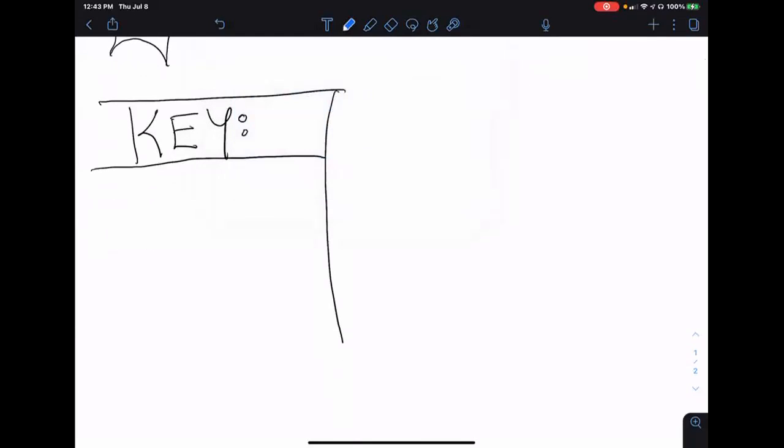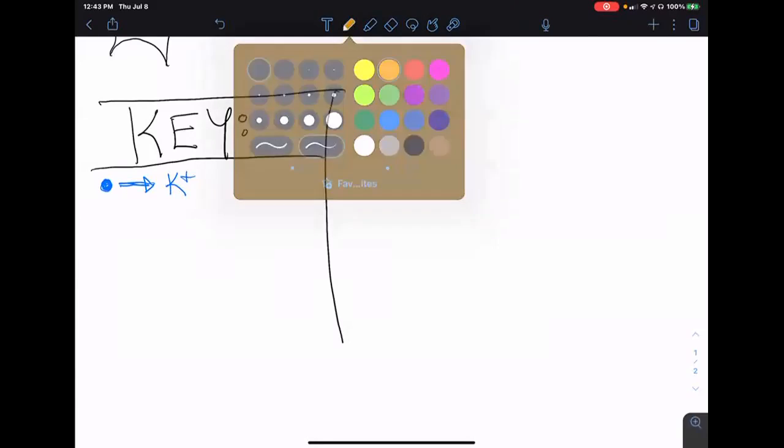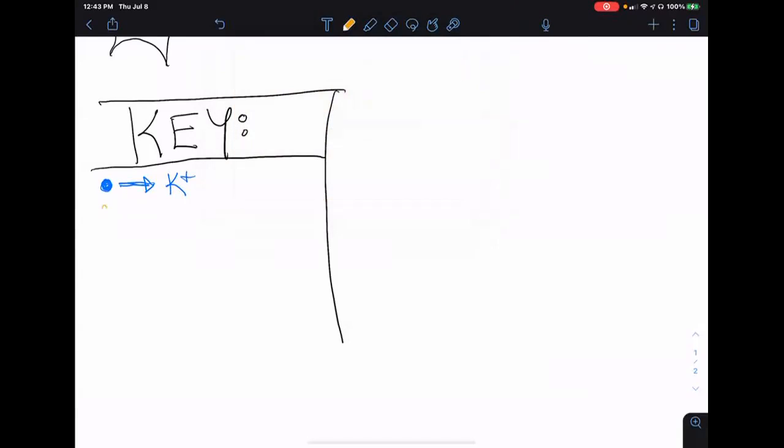We're going to start out with potassium. Our potassium ions are going to be this blue color, so a blue little circle drawn on here is potassium. The periodic table symbol for potassium is K+. The next one we're going to add is sodium. Sodium will be in orange.